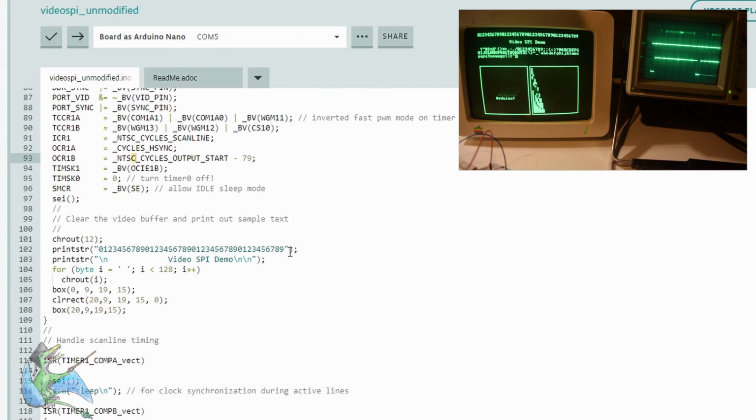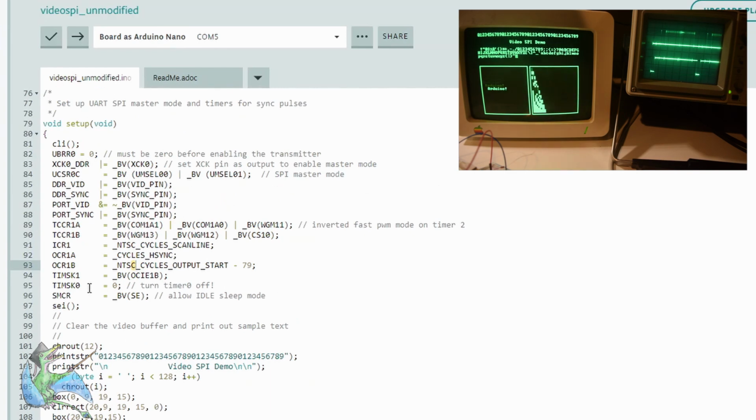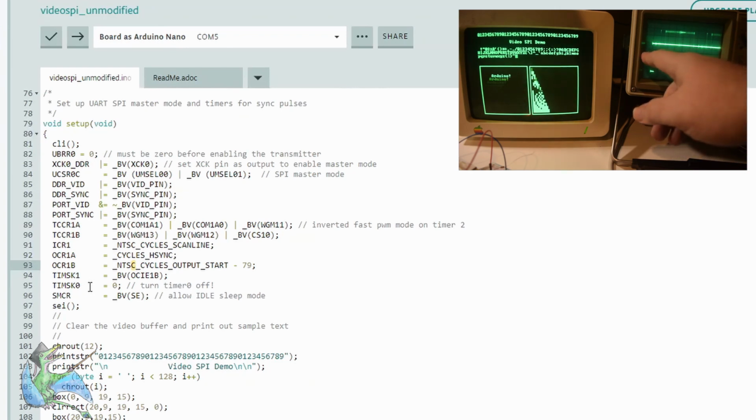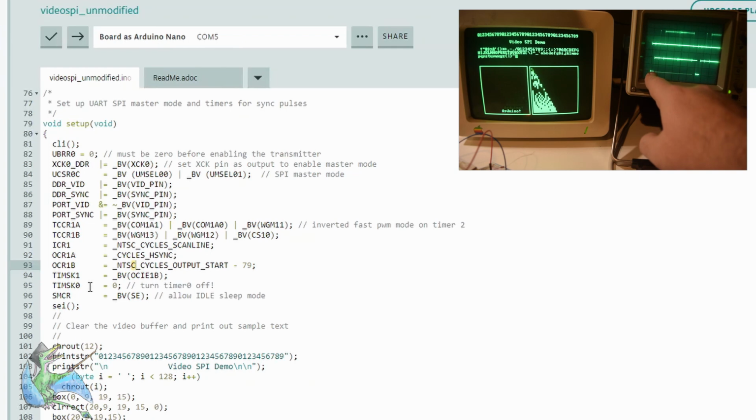The broad scope of it is it sets up the timer so that on one interval, which is every 63.5 microseconds, it will drop the value of a pin from high to low. And then after 4.7 microseconds, it'll pop back up to high.